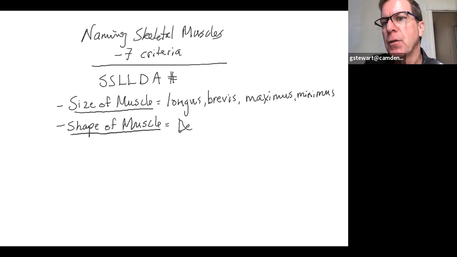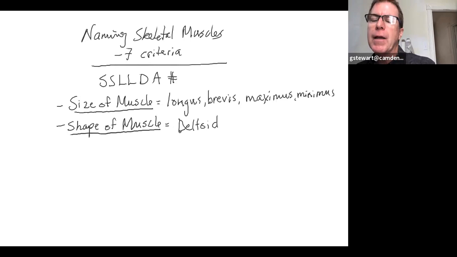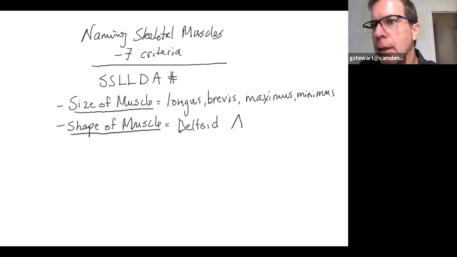That's the shoulder muscle, deltoid. That's the triangular muscle that sits on top of our shoulder. And that, believe it or not, it gets its name for its shape. It is a triangle shape. And guess what? In the Greek alphabet, the letter delta is a triangle. So that's why it's called the deltoid muscle.